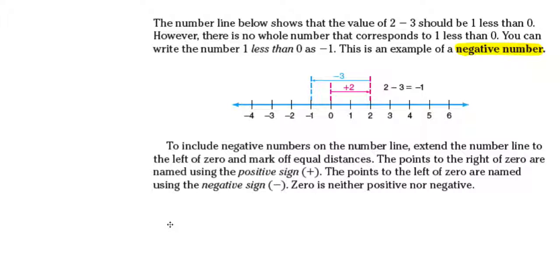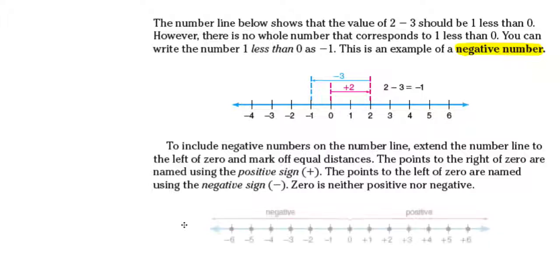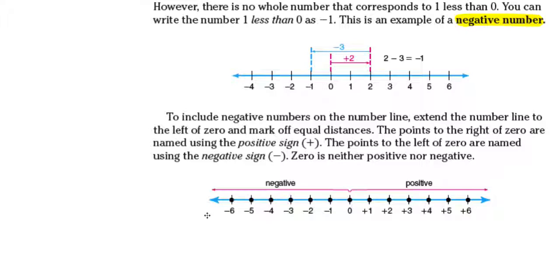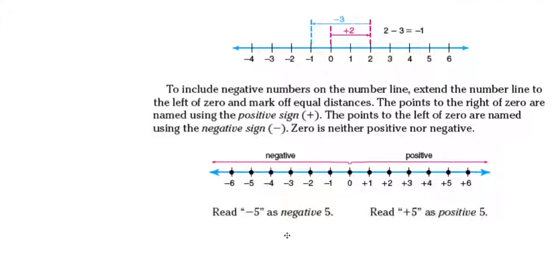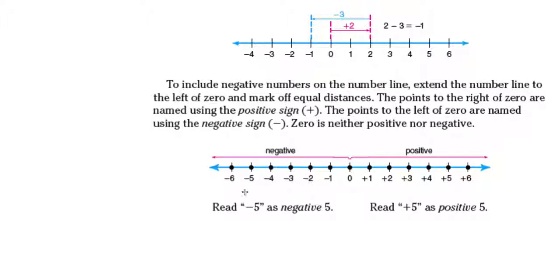So you have that number line where everything to the left of 0 is negative, everything to the right of 0 becomes positive, and we read a dash before 5 as -5, and this is read as +5.